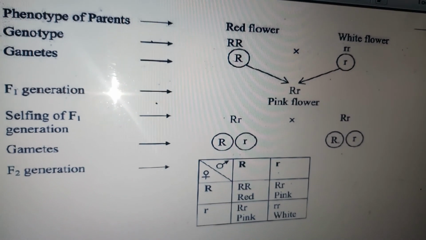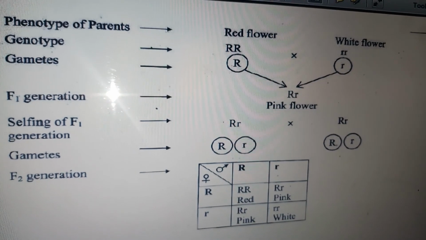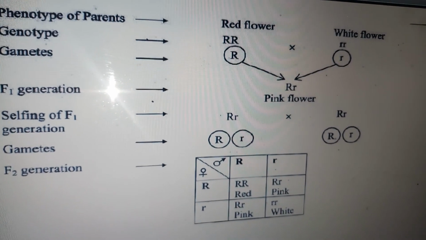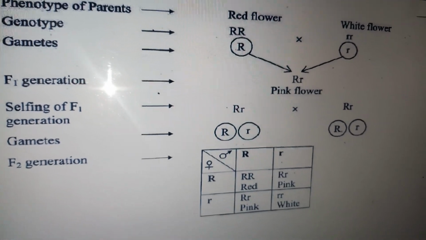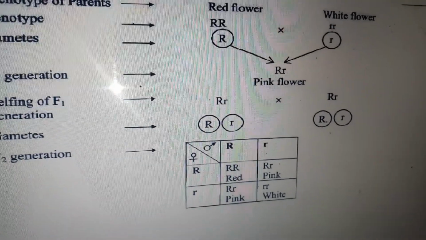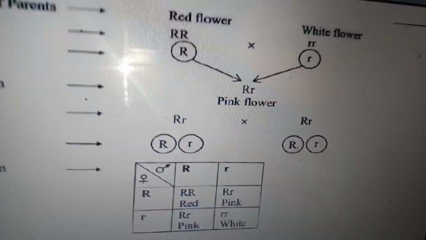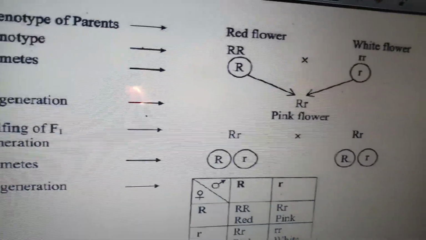I told you that when a red flower is crossed with a white flower, a pink flower is produced in the F1 generation. After selfing of the F1 generation, you see the cross Rr into Rr, and here the gametes are like this.